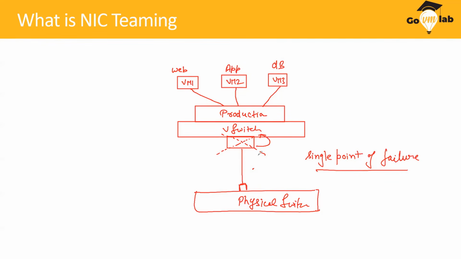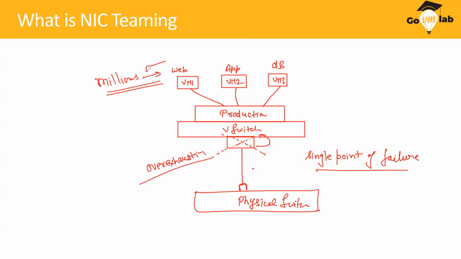Another problem with this: obviously the single point of failure, where we don't have a redundancy in place. The second problem is the over-exhaustion of the traffic, right? Just imagine millions of users continuously hitting your web servers every second, right?